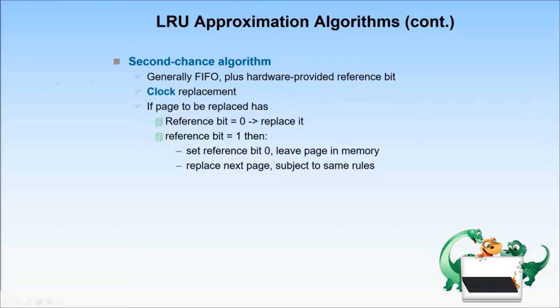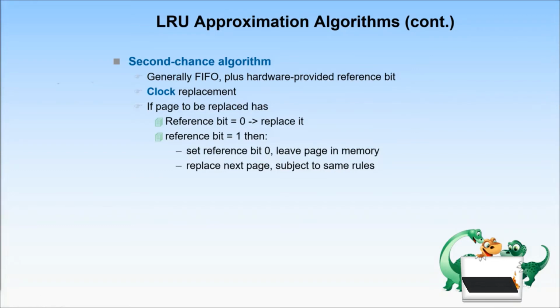If a page is found with its reference bit not set, then that page is selected as the next victim. If, however, the next page in the FIFO has its reference bit set, then it is given a second chance. That's why it's called the second chance algorithm. The reference bit is cleared and the FIFO search continues.